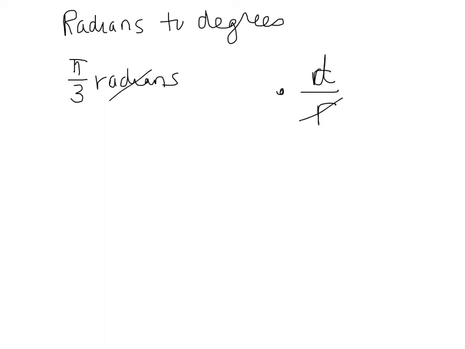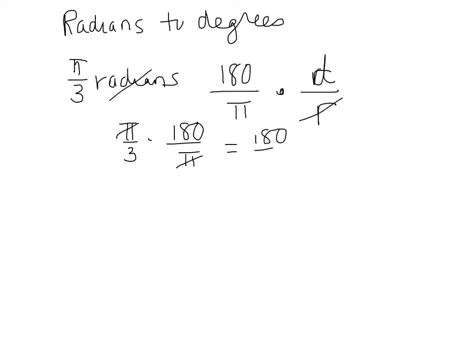So that's going to be 180 over pi, because 180 is degrees and pi are radians. So if I have pi over 3 times 180 over pi, you can see that the pi's cancel, and I'm left with 180 over 3, which is 60 degrees. So pi over 3 radians is equal to 60 degrees.